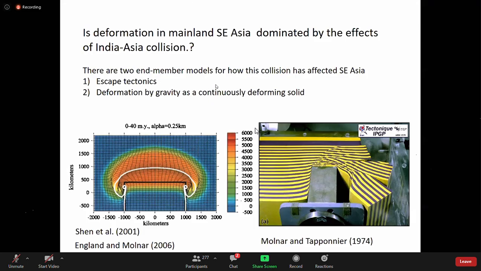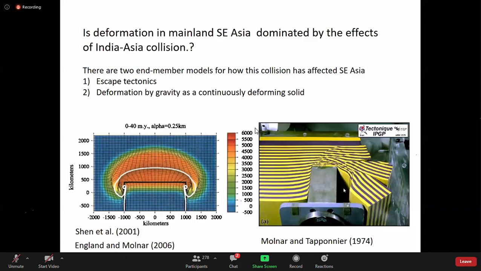So in the past, I think I've already answered this question: is deformation in mainland Southeast Asia dominated by the effects of the India-Asia collision? It used to be thought that it was, but from what I've just said, hopefully you will think that no, it's not. There are two end-member models for this.